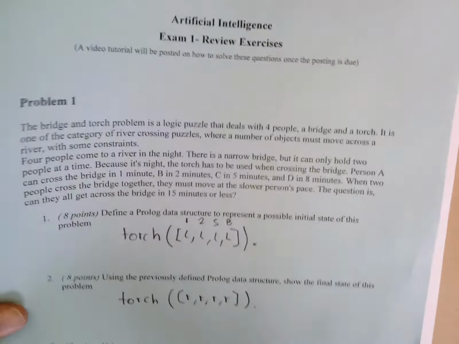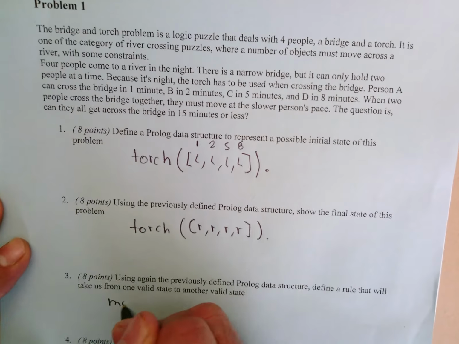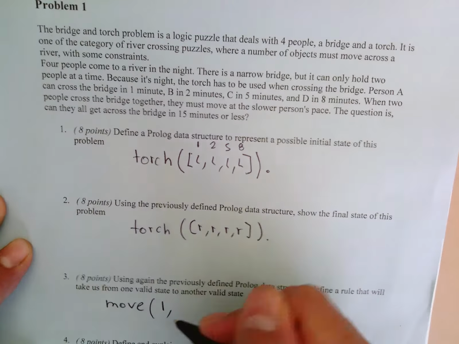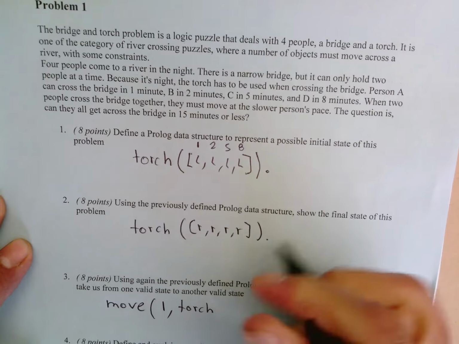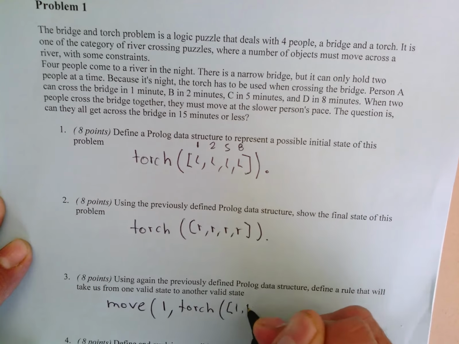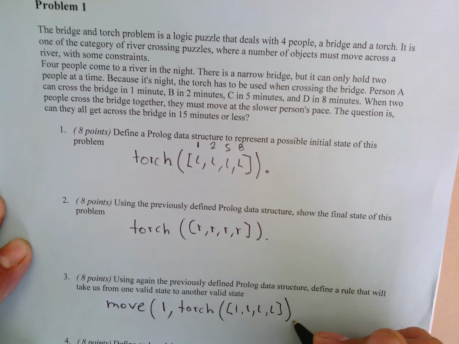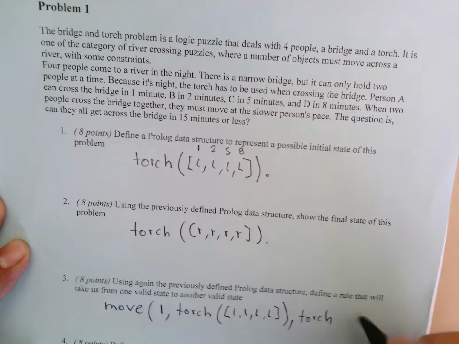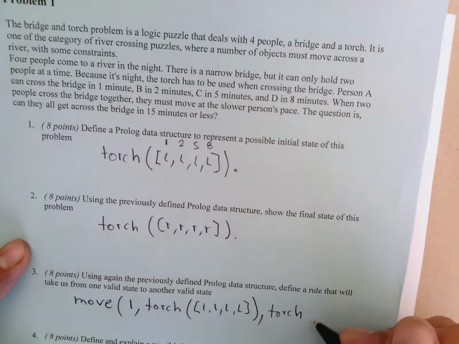Now what will be a possible rule that may be valid? I can define maybe move. I can name the rule like rule number 1, and then I can say that this is torch, and torch maybe has the state L, L, L, L, and then one valid transition is to move any one of these 4 into the right side.